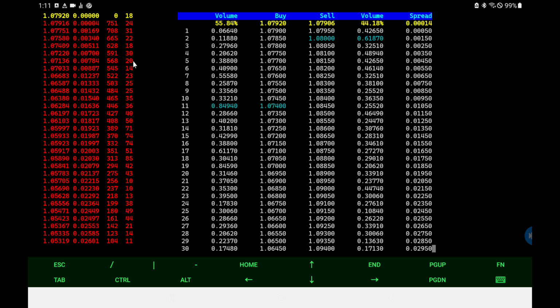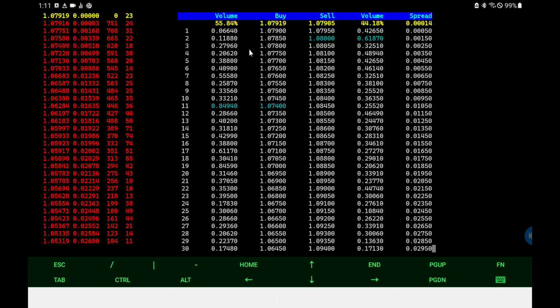These are my live trades. This is the live market right now. So I am actually seeing this market real time, second by second, literally updating in real time, providing me with information.